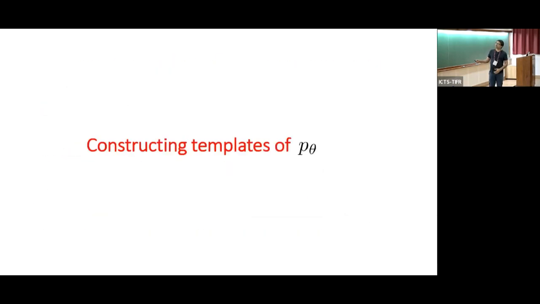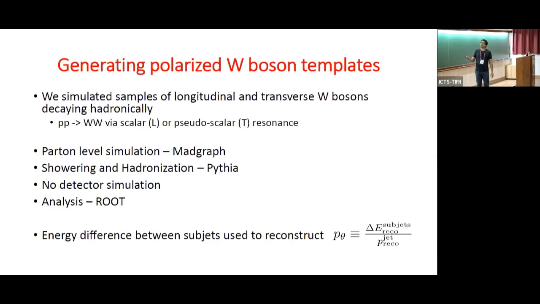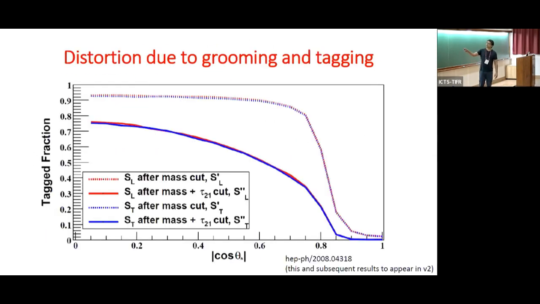Imagine one of these was a very low energy deposit far away. Your grooming algorithm removes it, and therefore it fails the tagging cut. So at large cosine theta star you have very poor efficiency for selecting those kinds of W's. There's an inherent bias in picking out objects with large cosine theta star.